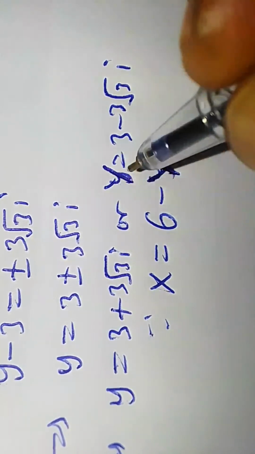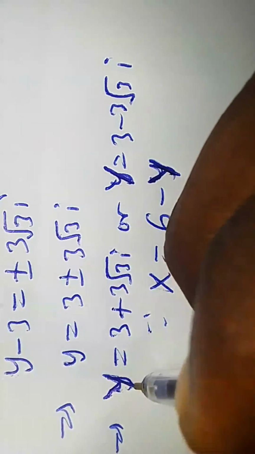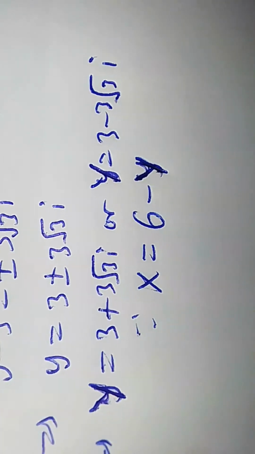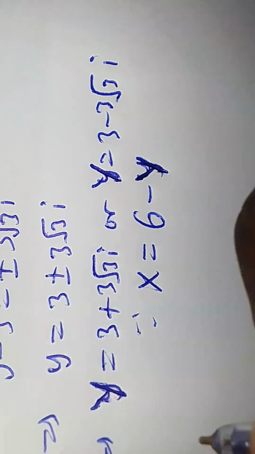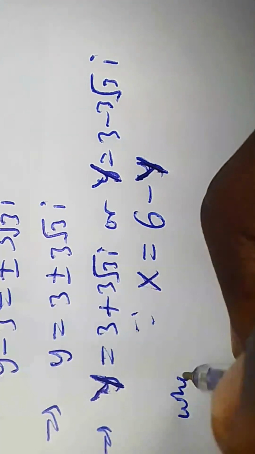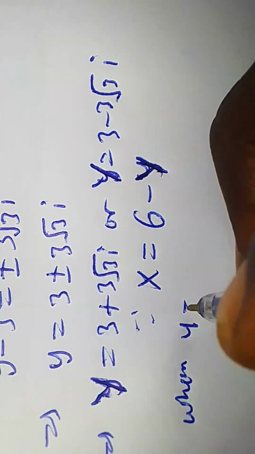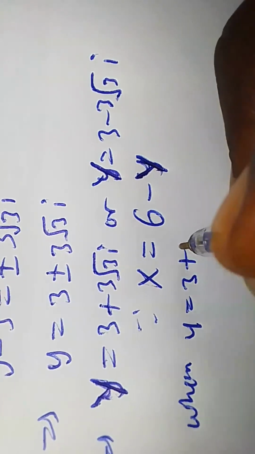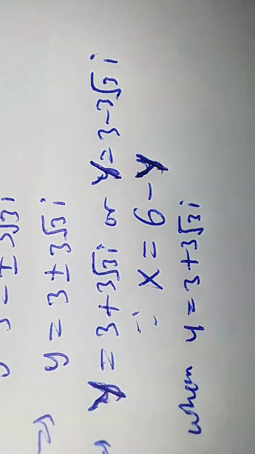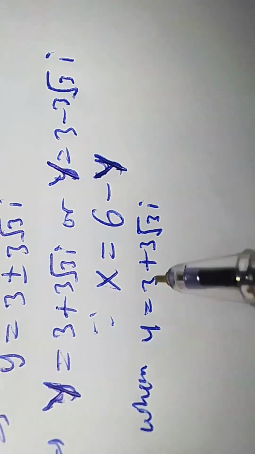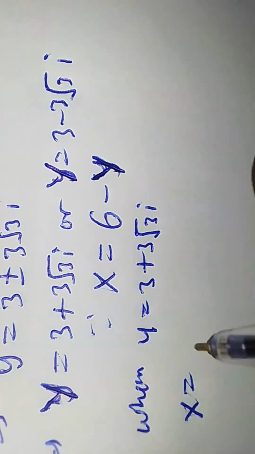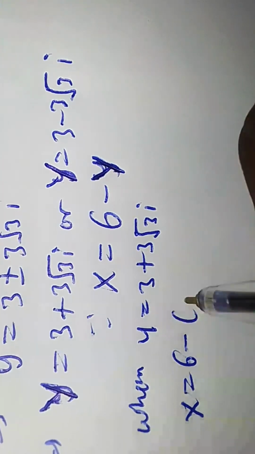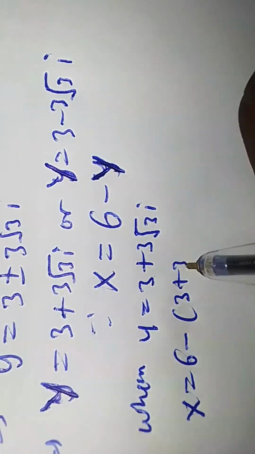This is capital Y. So considering this first value that we obtain, that is when Y equal to 3 plus 3 root 3i, plugging this value of Y into this right hand side, we have x equal to 6 minus this 3 plus 3 root 3i.